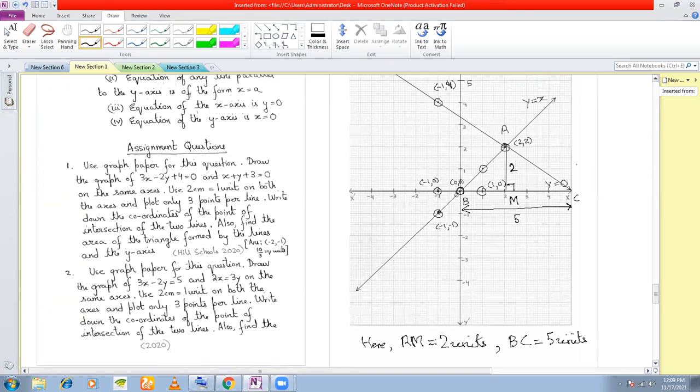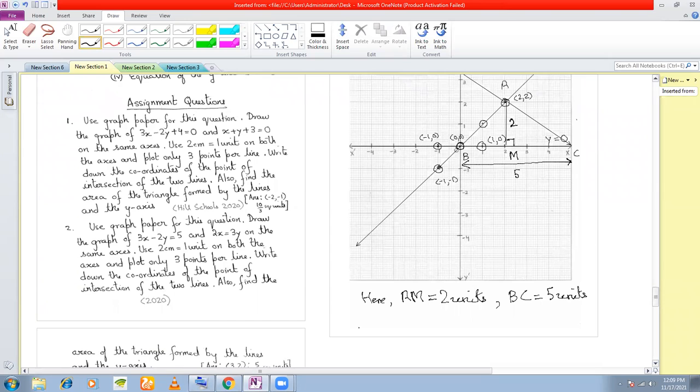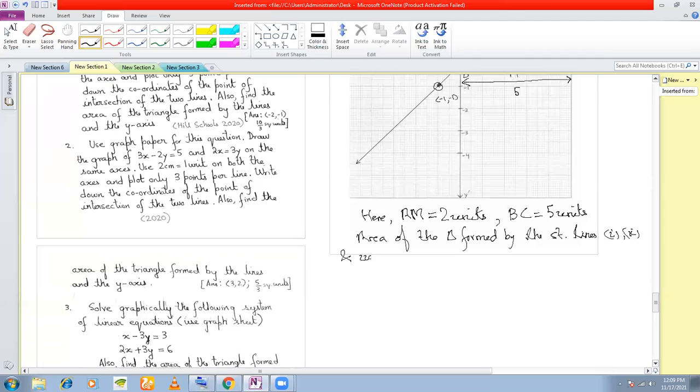Right? So therefore, what should be the area? Area of the triangle formed by the straight lines 1, 2, and 3 is equal to area of triangle ABC, which is equal to half into base into height.